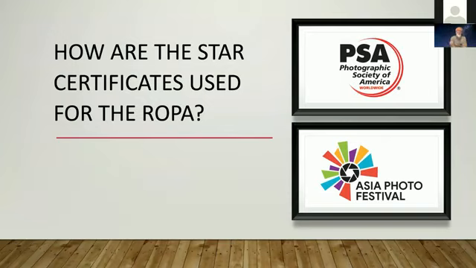Now, when you apply for your star ratings or Galaxy or Diamond ratings, each of the certificates that you get will indicate how many titles and how many acceptances have been approved for you. And what becomes important once you have those certificates is that you need a certain total number of acceptances for each of the ROPA distinctions.